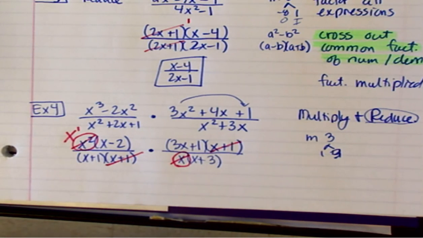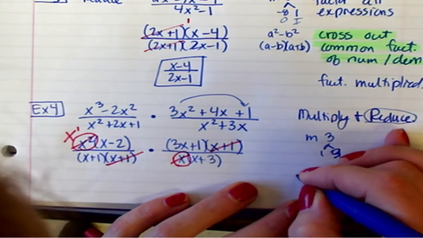Nothing else. The good news is you can actually leave these things in factored form for me. I don't need you to multiply this out. I just need the simplest factored form. Okay? Factored form is where we're going to leave our answers unless the directions tell you to do something different. Okay?